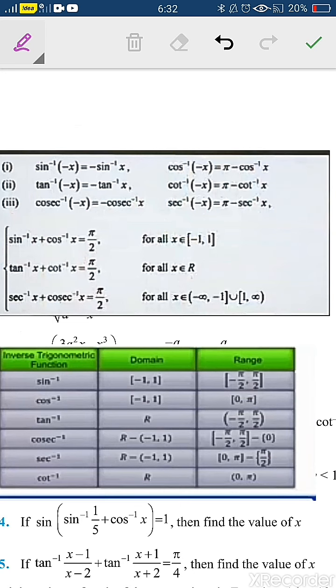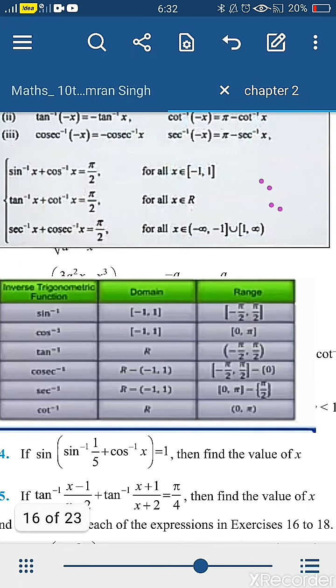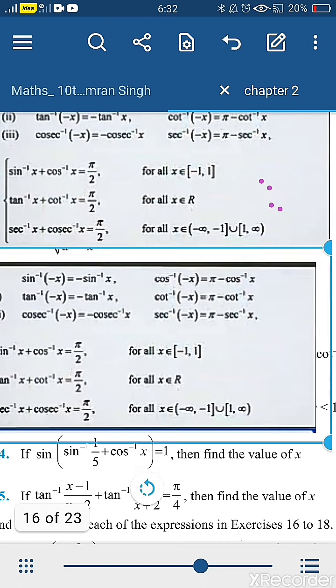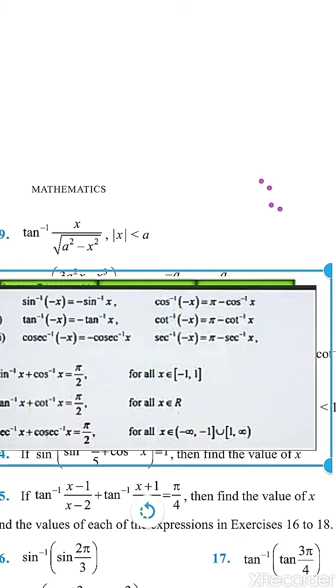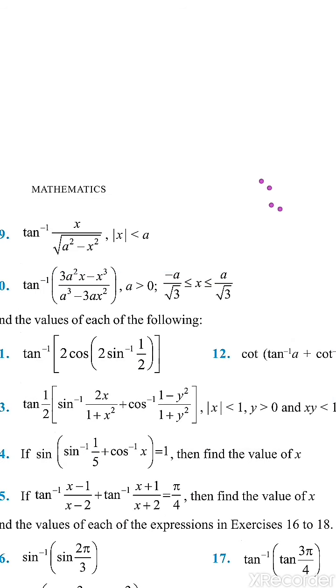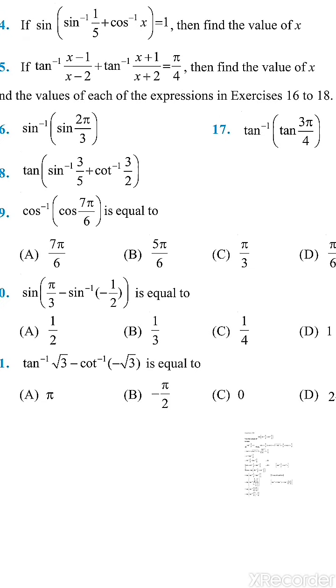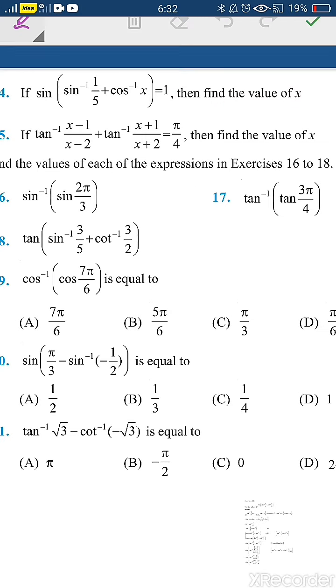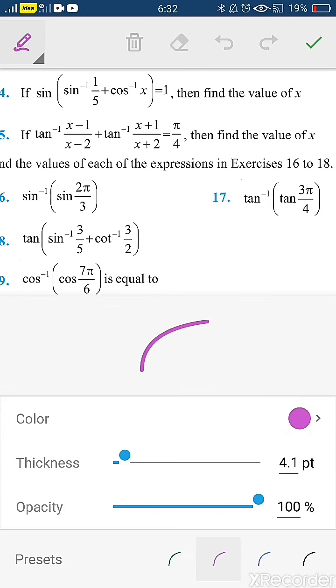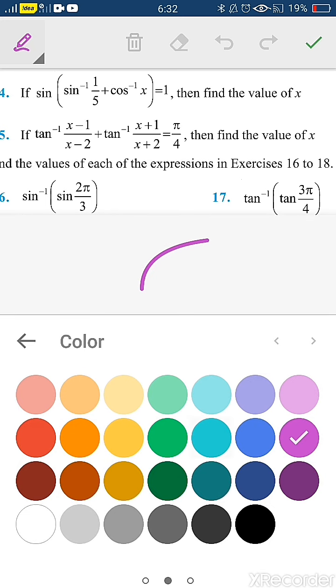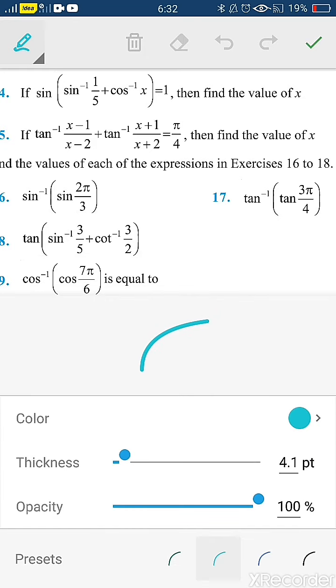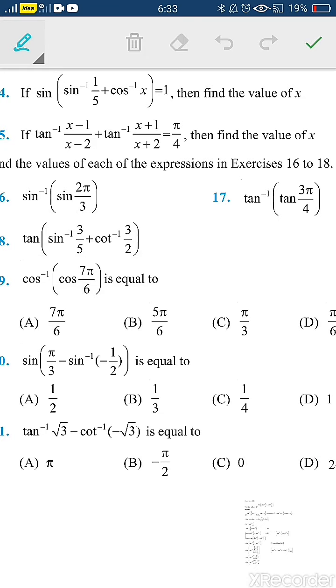Now let us move on with the questions. If you see question number 16 of your book, it is sine inverse of sine 2 pi by 3.